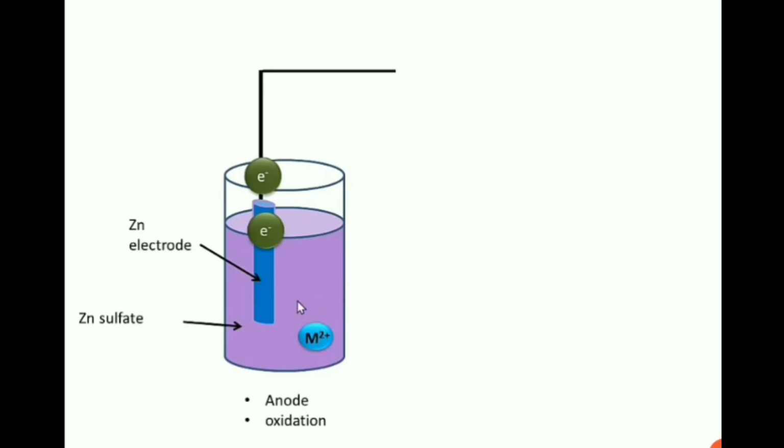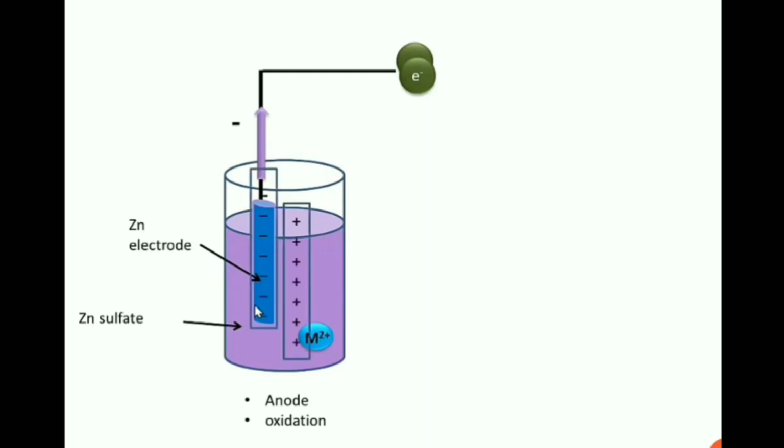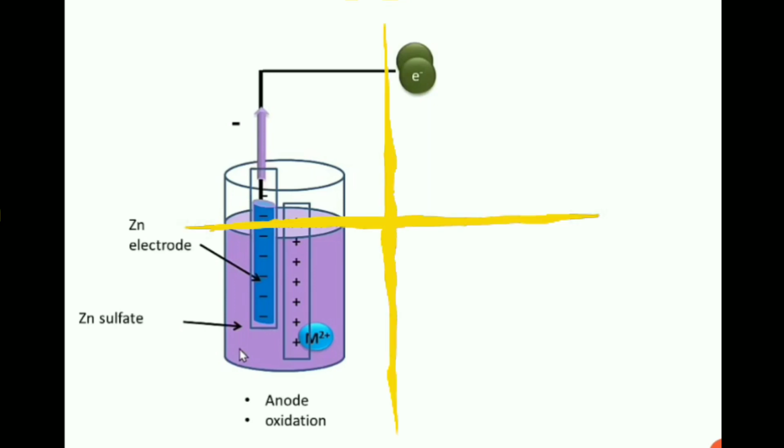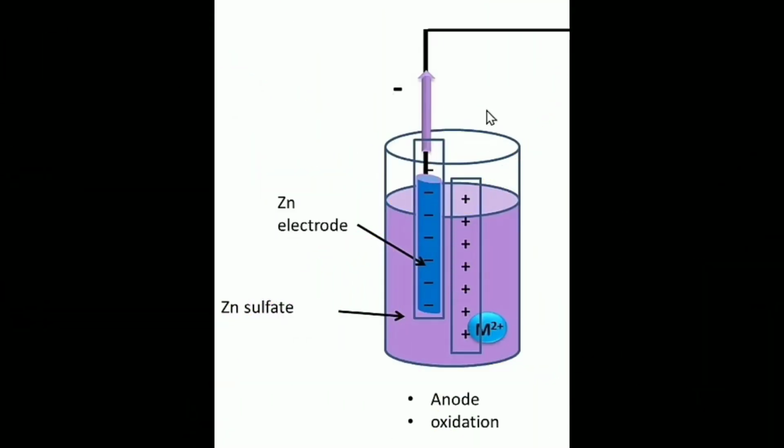These are attracted towards the electrode and make it negatively charged, and vice versa. Therefore, a separation of charges occurs at the electrode-electrolyte interface. That means here a positive charge is created at the solution interface and a negative charge is created at the electrode.